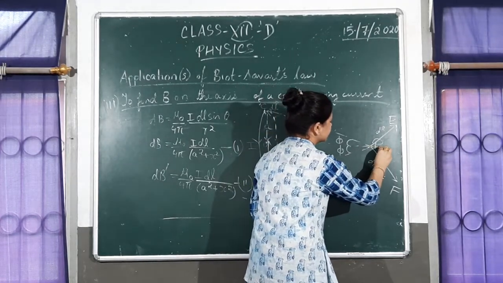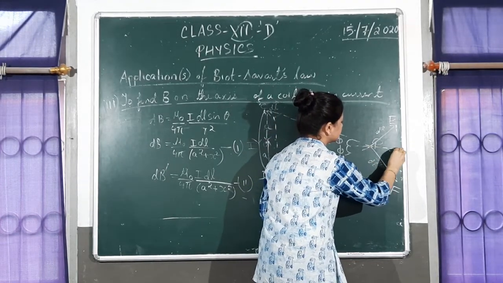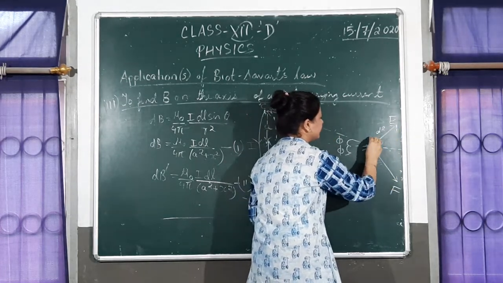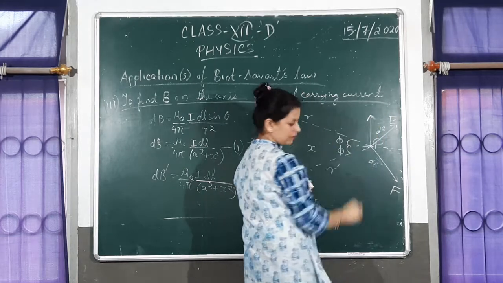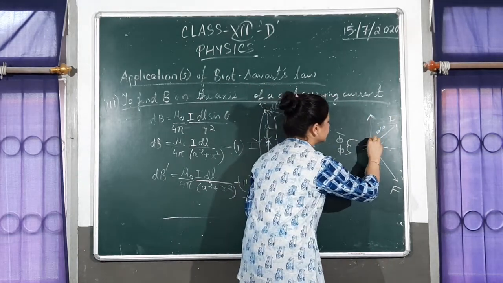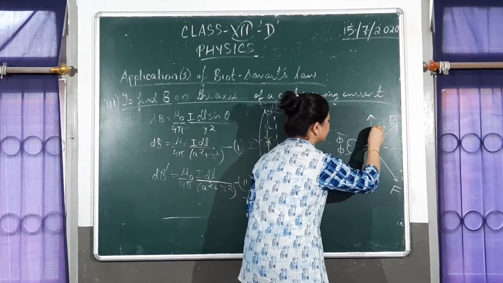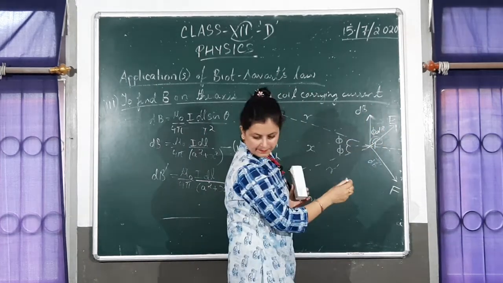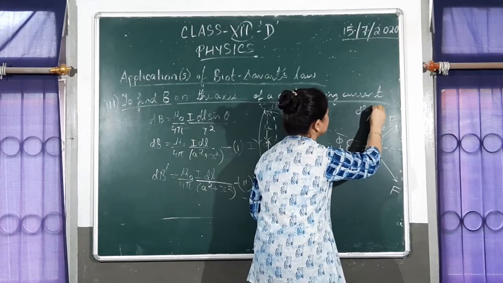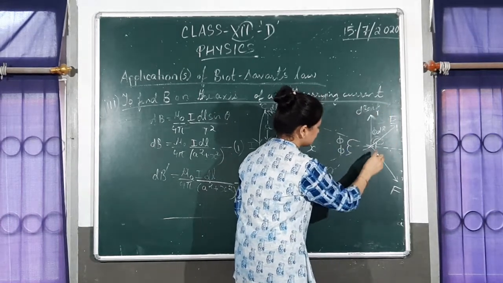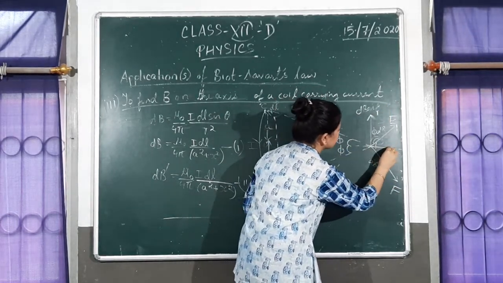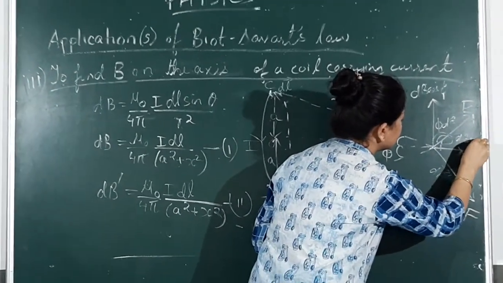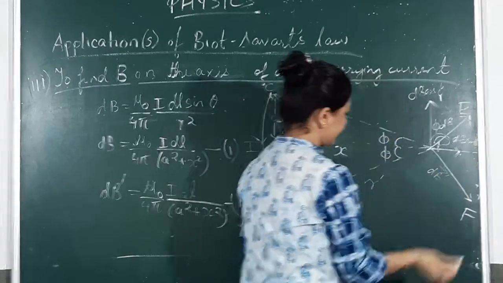I will just extend this line a bit. Now the two components for dB will be this one, and this angle will be equal to phi. This will be named dB cos phi, and for this one, another rectangular component, this will be dB sin phi.